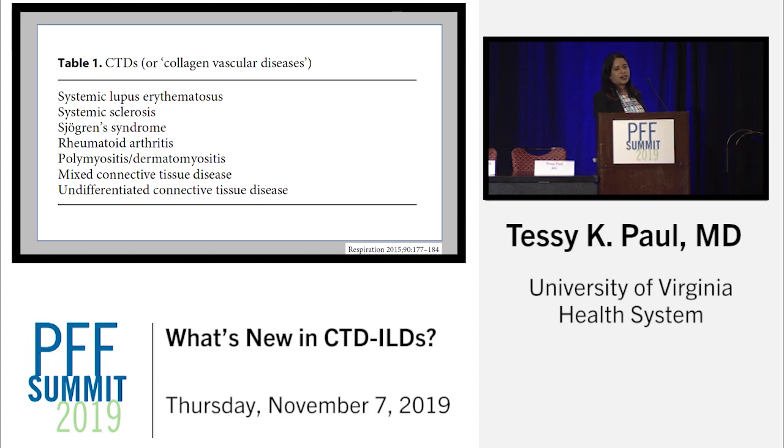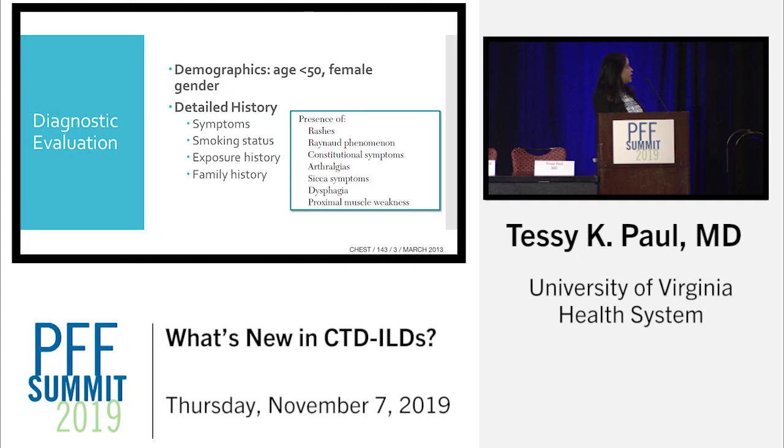And they tend to have very variable presentations with regards to degree of ILD, as systemic sclerosis tends to have ILD as a very devastating complication, while Sjogren's tends to have a better prognosis overall. So it's very variable between these diseases.